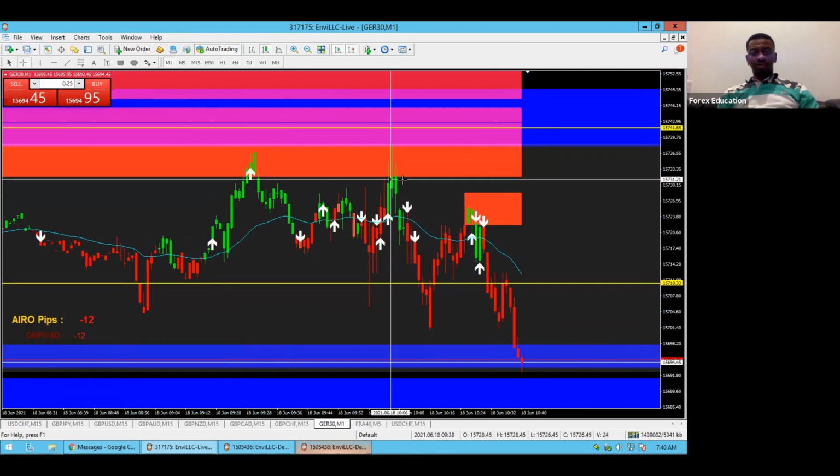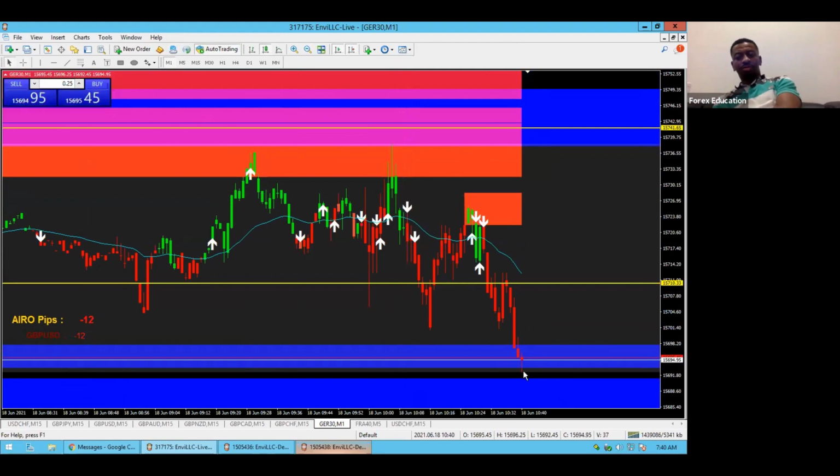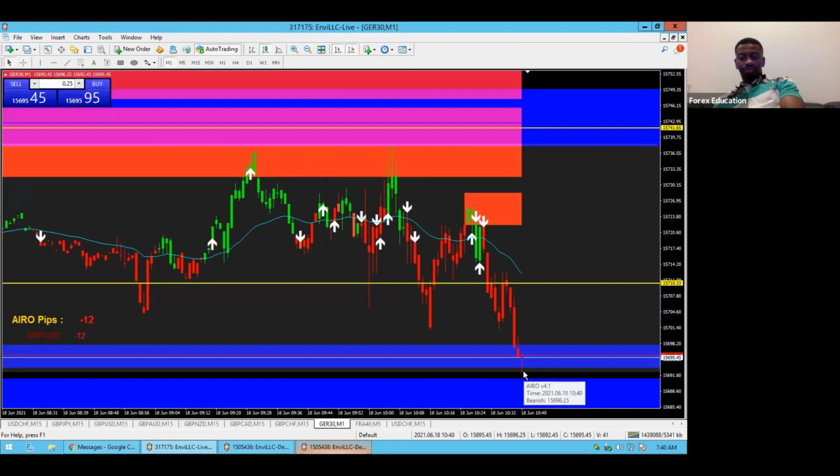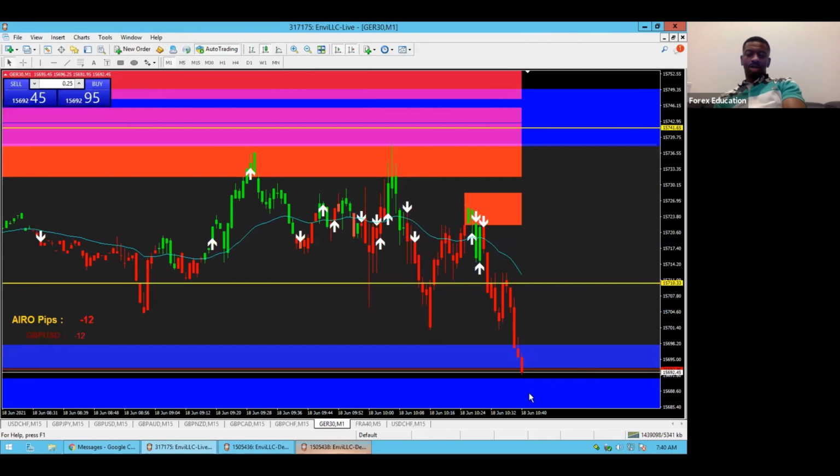Well, that entry would have been beautiful. Look at that. 358 right there. Come test the second one and give us our reversal.